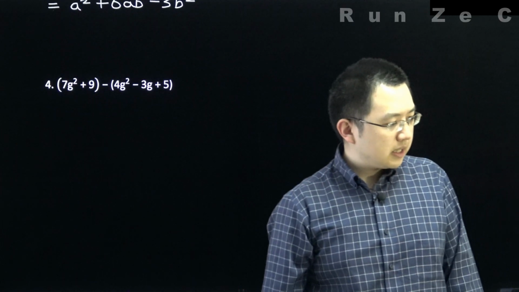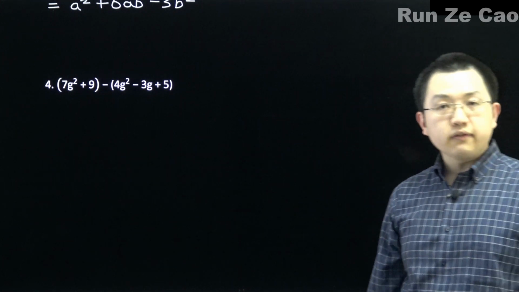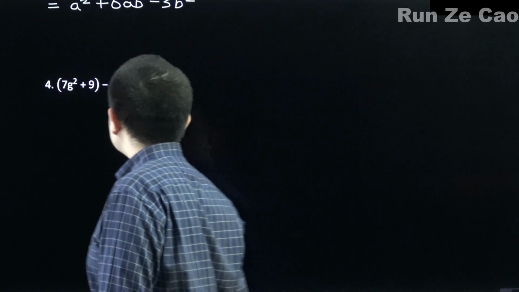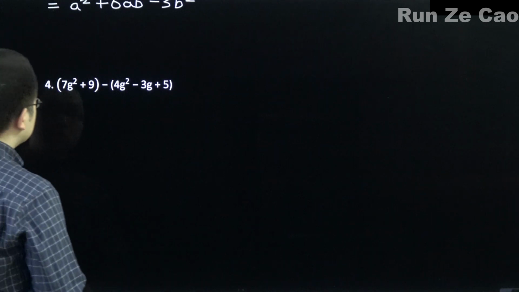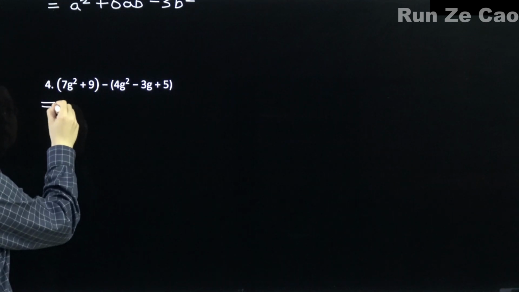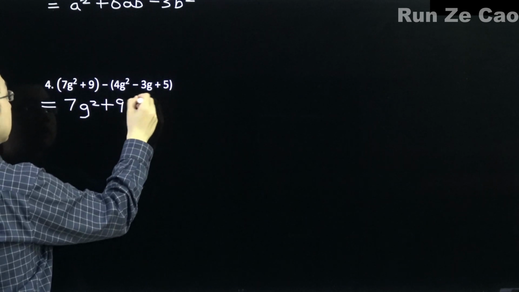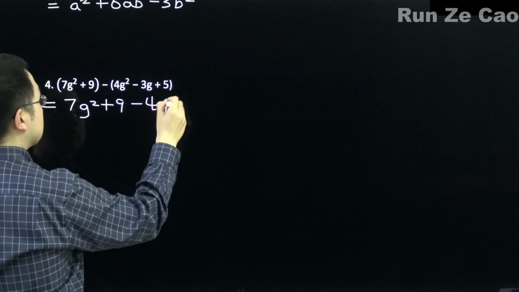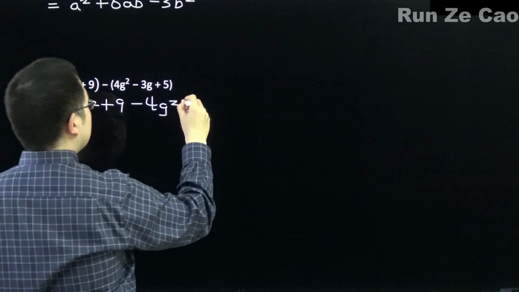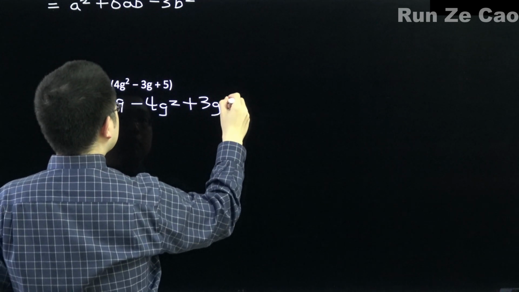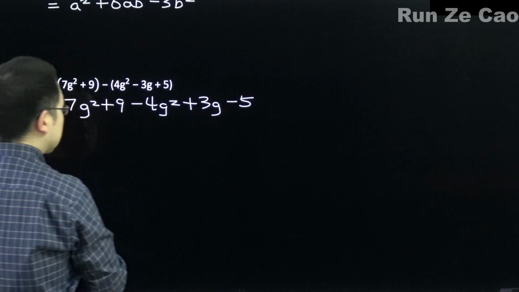Okay. 7g squared plus 9 minus 4g squared minus 3g plus 5. So this would leave us with, once we open up the brackets, plus 9 minus 4g squared plus 3g minus 5. Okay.